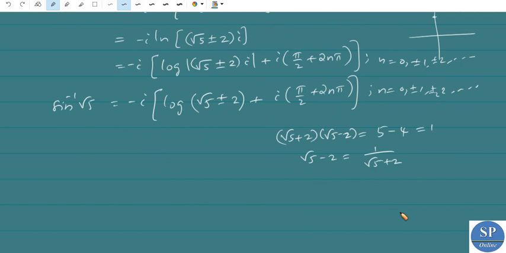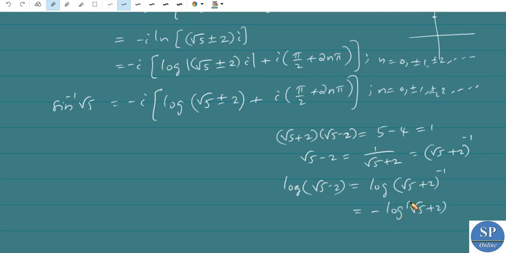Clear? That is, root 5 plus 2 to the power minus 1. So log of root 5 minus 2 can be written as log of root 5 plus 2 to the power minus 1, which is nothing but minus log of root 5 plus 2.